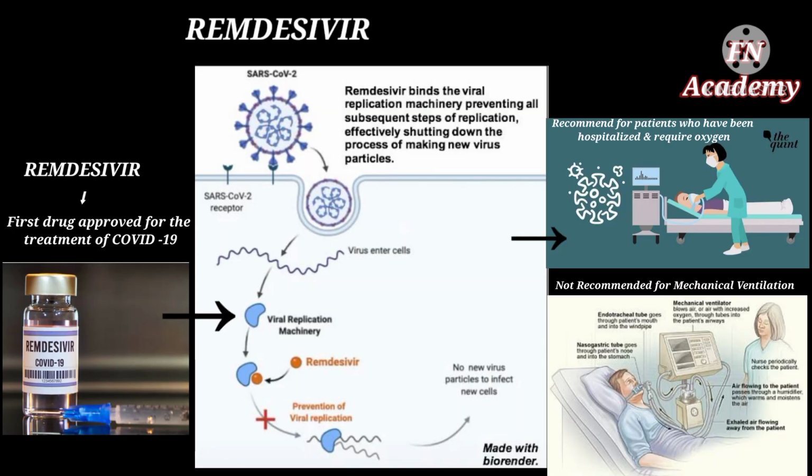In October 2020, the Food and Drug Administration gave the go-ahead to Remdesivir, the first drug approved for the treatment of COVID-19. Remdesivir is an antiviral medication which disrupts the virus's ability to replicate and spread within the body. Remdesivir is recommended for patients who have been hospitalized and require oxygen but are not on mechanical ventilation.